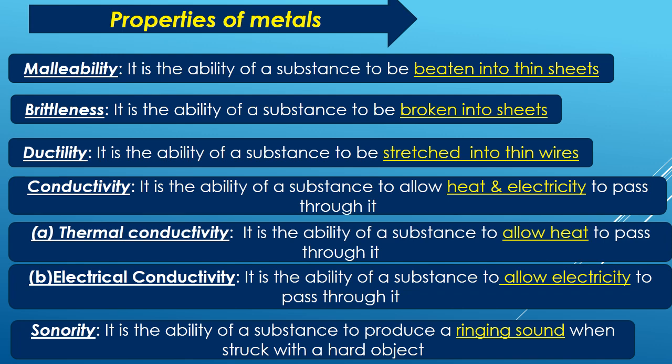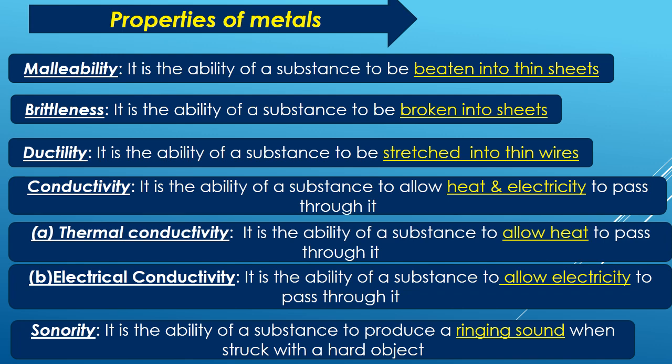Then conductivity. Conductivity is the ability of a substance that allows heat and electricity to pass through it. Now this conductivity is of two types: thermal conductivity and electrical conductivity.